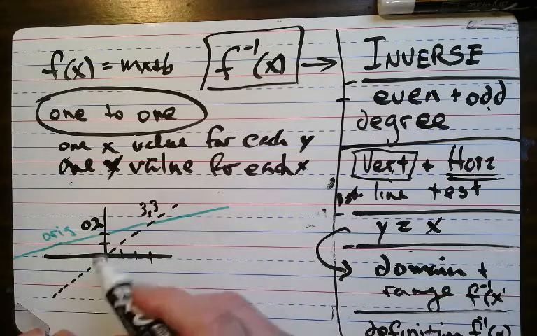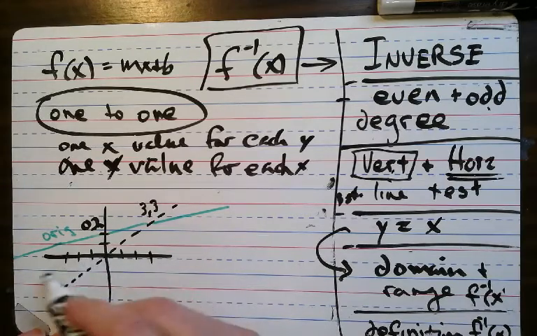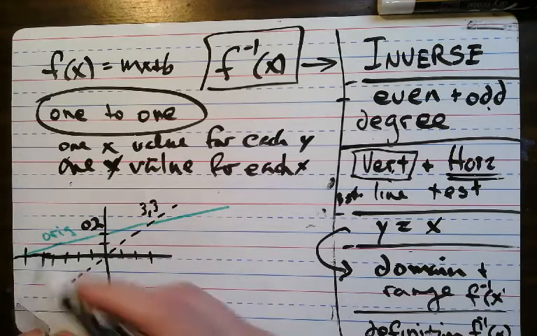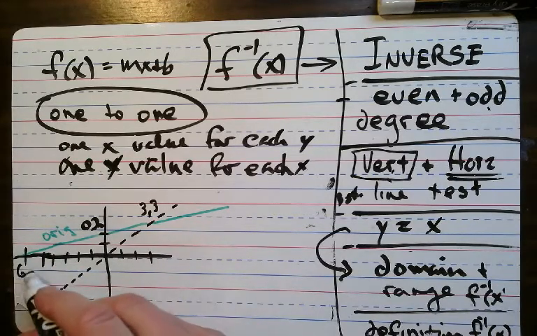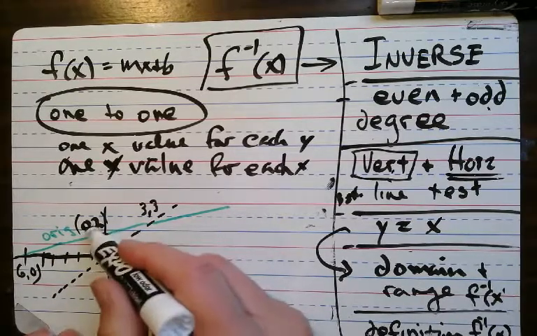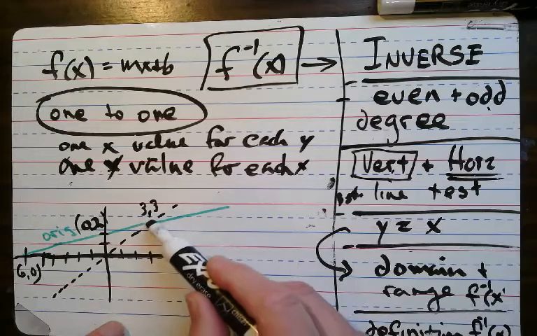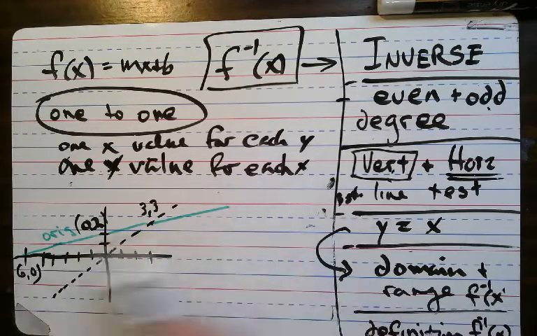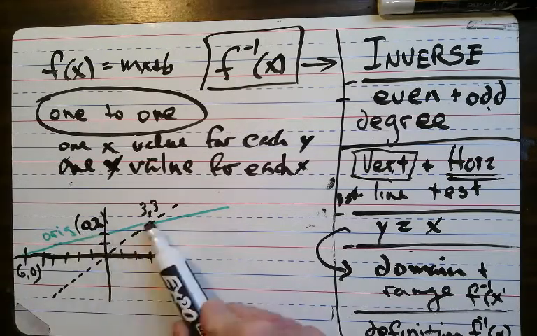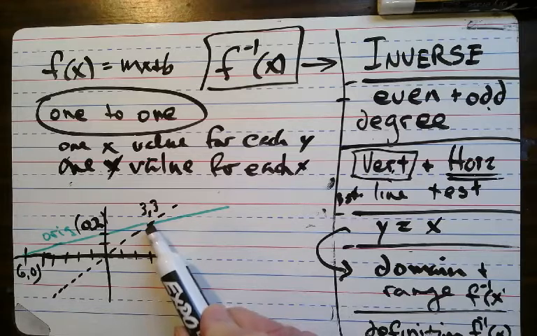And let's say this one is 1, 2, 3, 4, 5, 6. So this one's 6, 0. Okay? So let's say we know these three dots on the graph. On this blue line, I've got the x-intercept at 6, 0. I've got the y-intercept at 0, 2. And I've got one of the other dots on the line.